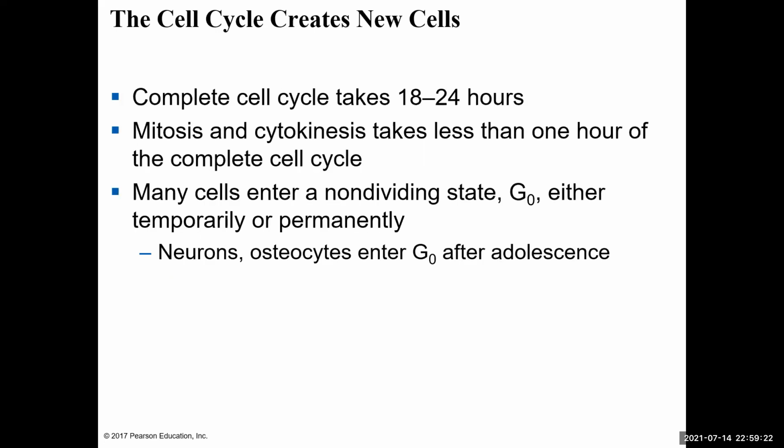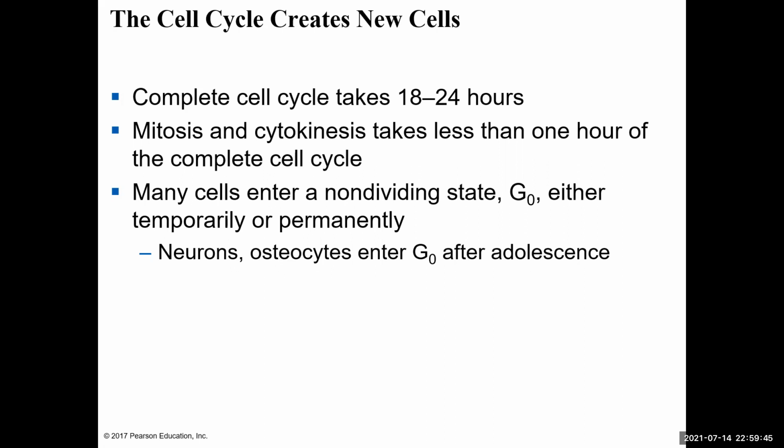In general, the complete cell cycle takes around 18 to 24 hours. Mitosis and cytokinesis, though, take less than an hour to complete. So the whole division process is actually about an hour long, but the whole cell cycle is about 18 to 24 hours.